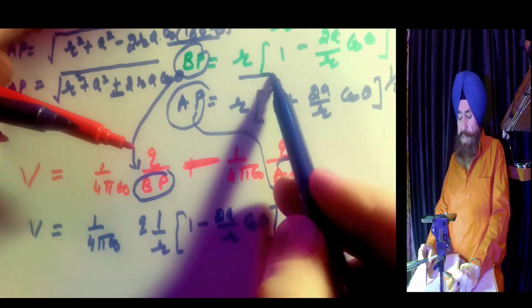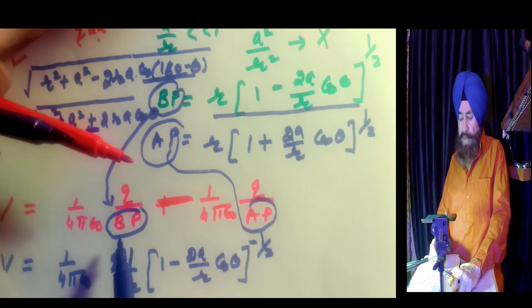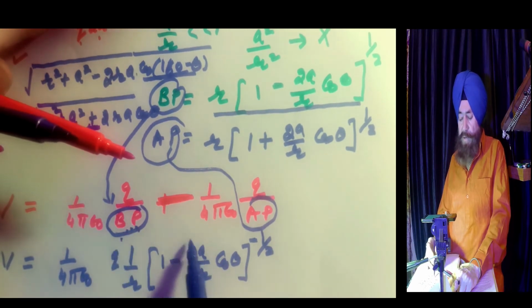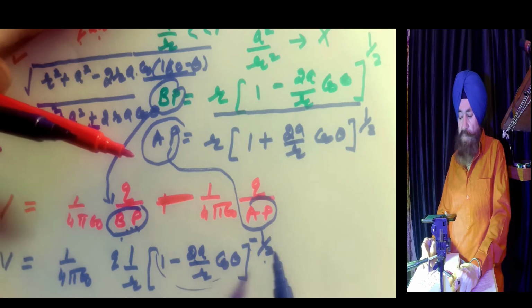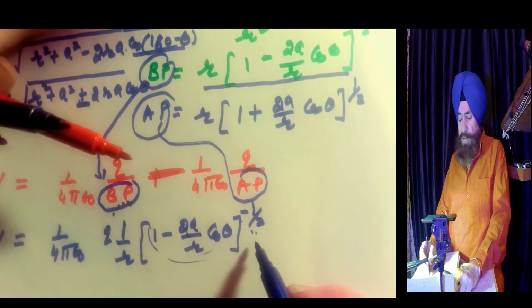Minus because the whole term was in the denominator, so I place it in the numerator, so that's why power minus half. Don't forget it.